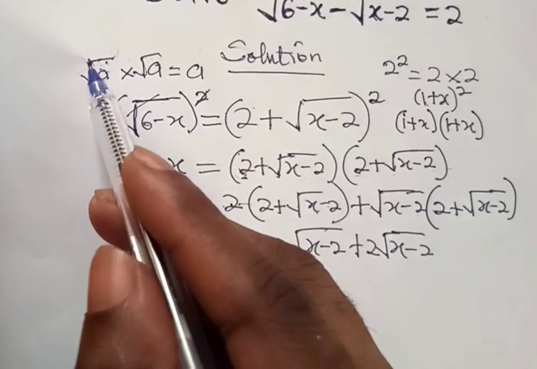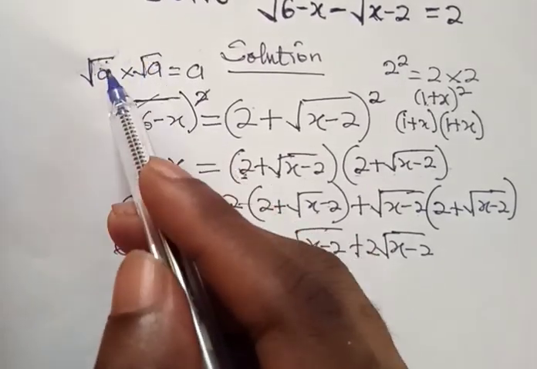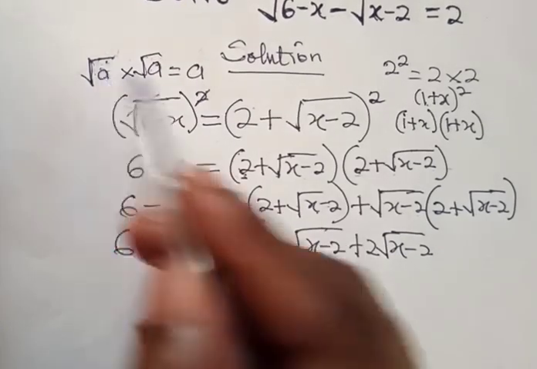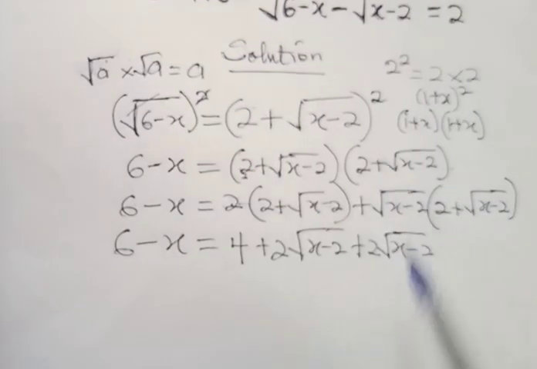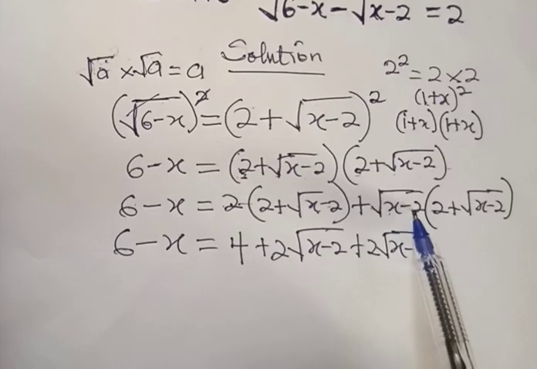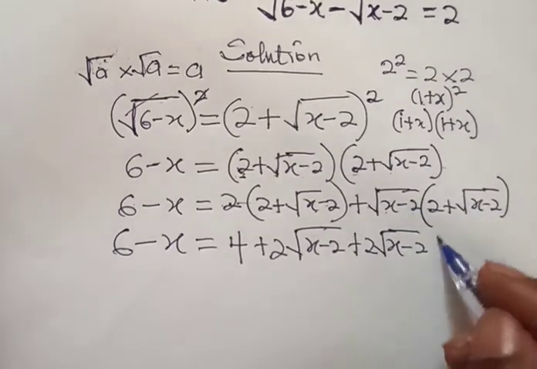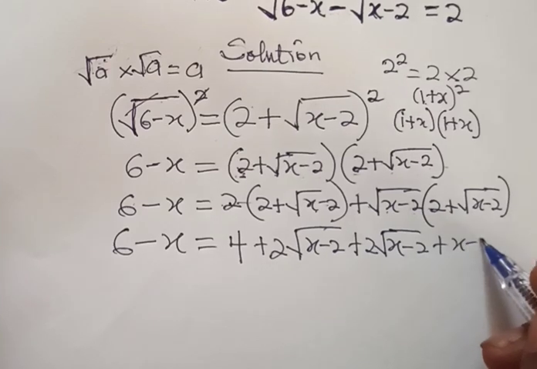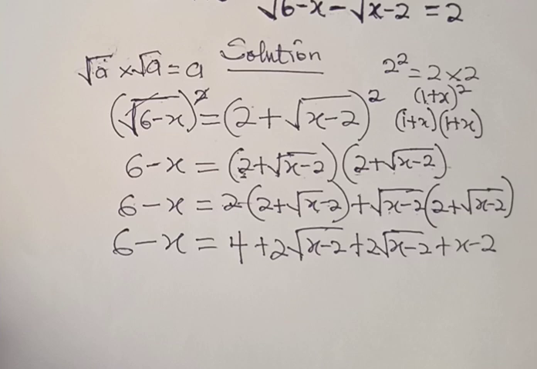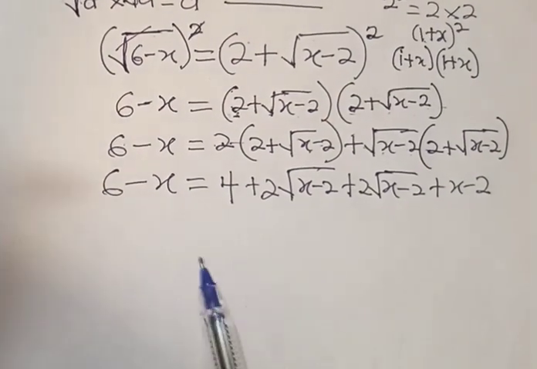Because this is going to multiply this, which will clear this. Because at the end of the day, you are going to get a squared. The squared will cancel the square root, leaving a. So looking at this example here, square root of x minus 2 times the same thing, once it is the same, we are going to get x minus 2. So it means the square root will go. Have you gotten the point? Great. So that is how we move.